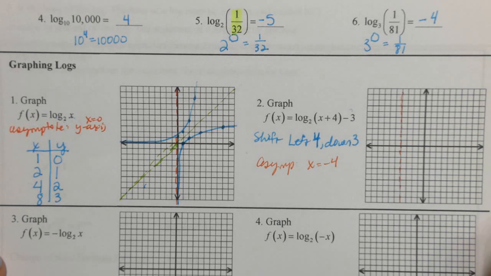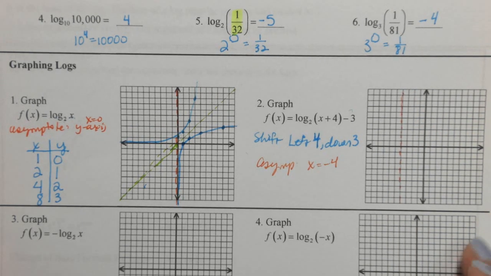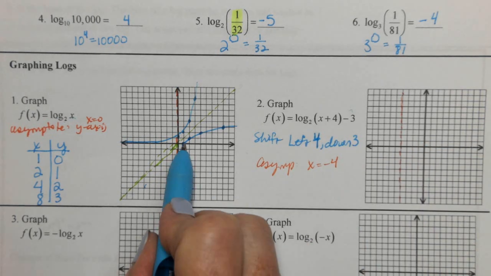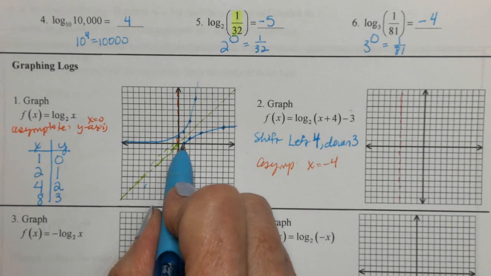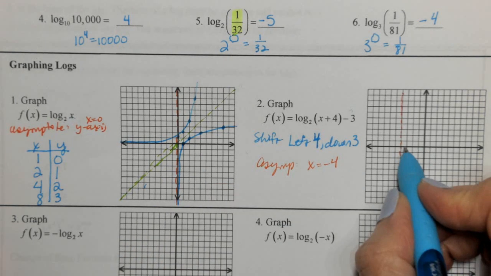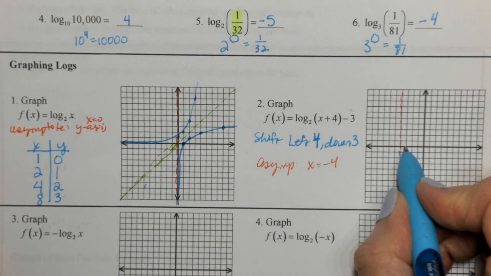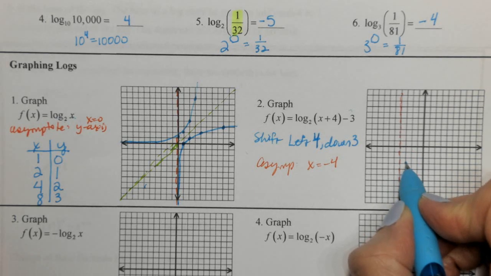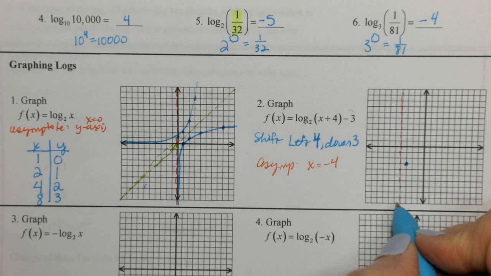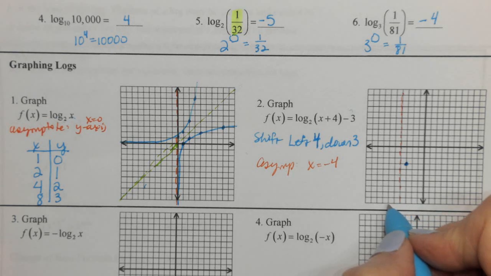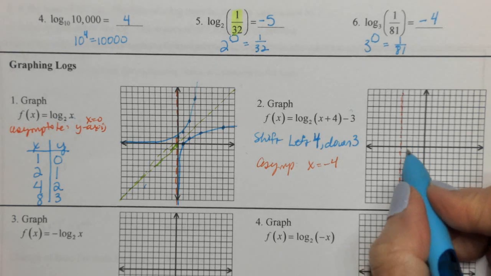Okay. And now I'm shifting it down 3. So my key point here was the point (1, 0). So if it was (1, 0) and now I'm shifting it down 3, it's (1, -3).